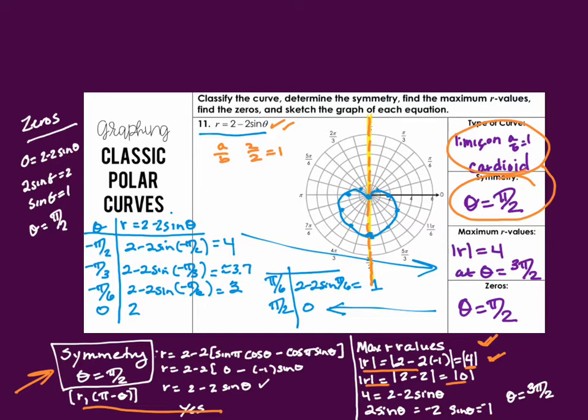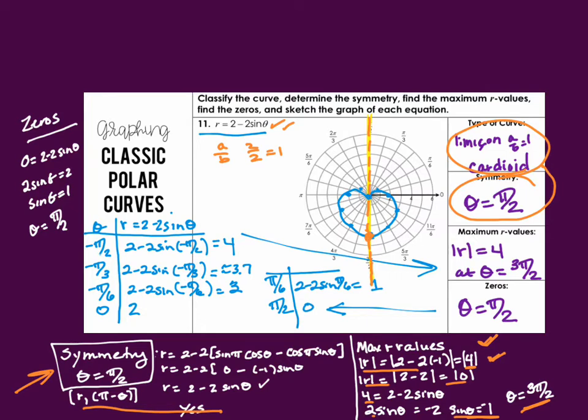So you set R equal to 4 and solve for sine, and I get sine theta is -1, and we know sine theta is -1 at 3 pi over 2. So at 3 pi over 2, I'm at my maximum 4. I could put that point in right now, so I will. There is 4 at 3 pi over 2.